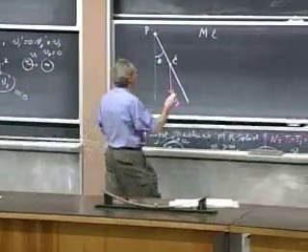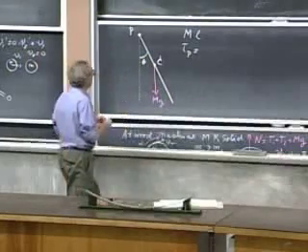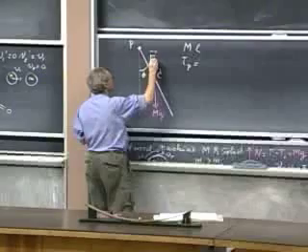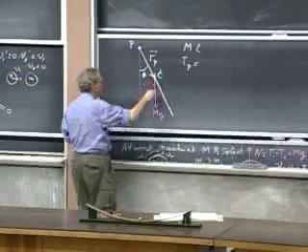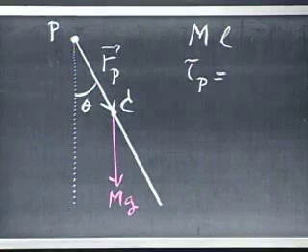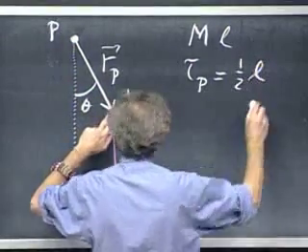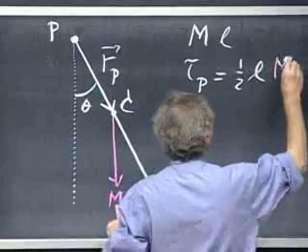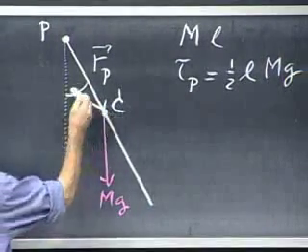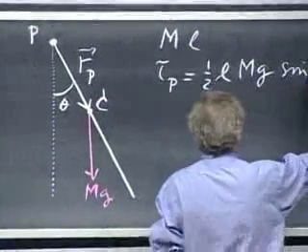So the torque relative to point P, the magnitude, is the position vector r of P, from here to here, crossed with this force. And so that makes it 1/2 L times mg times the sine of theta, since the angle is theta.